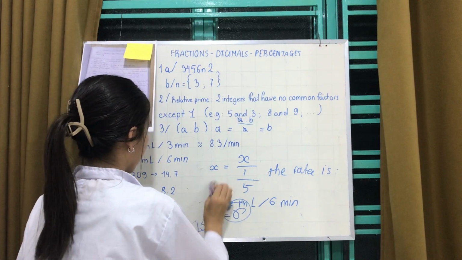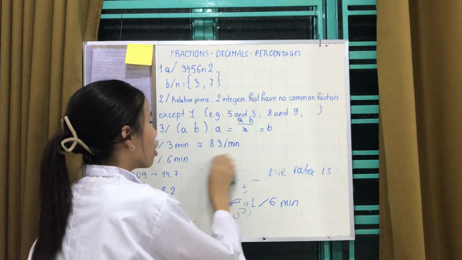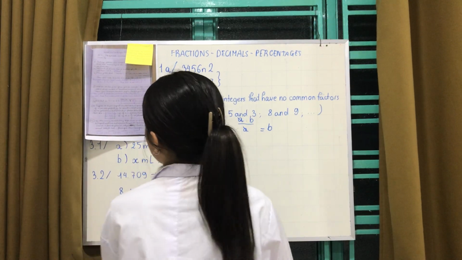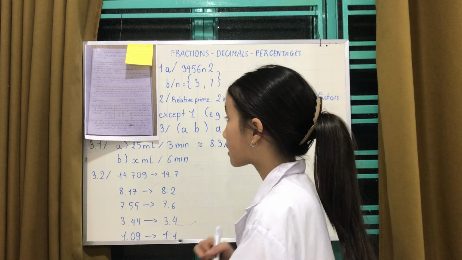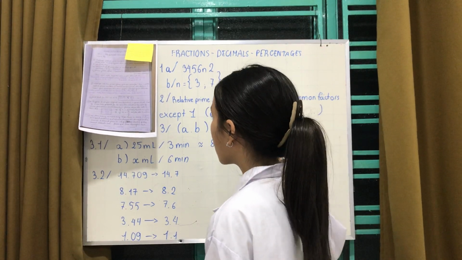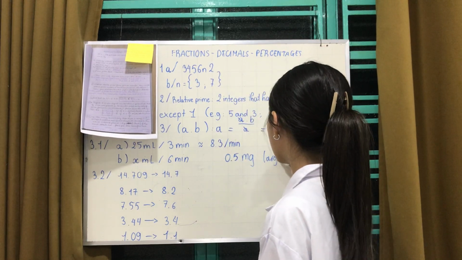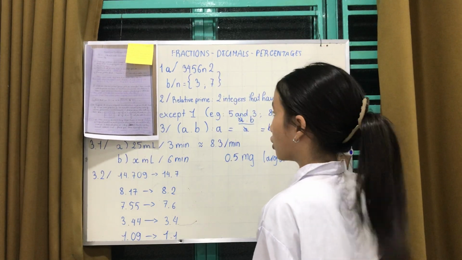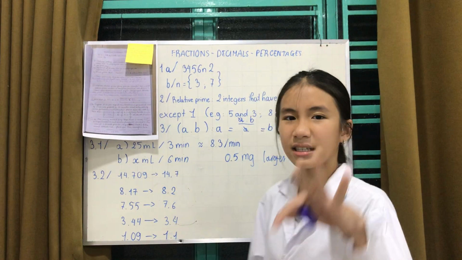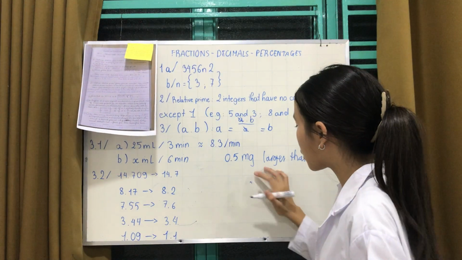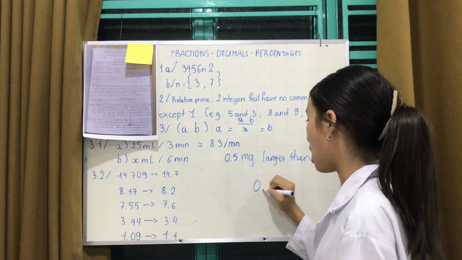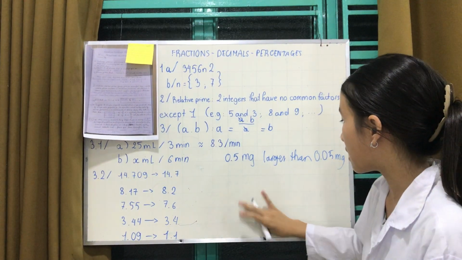Now problem 3.2, we won't do much. It's just how many times is 0.5 milligrams larger than 0.05 milligrams? Now, this is relatively easy. To find the number of times, we can just see the number.